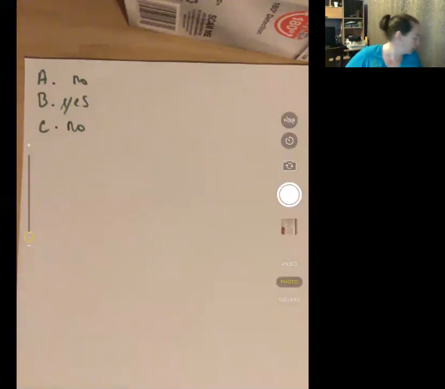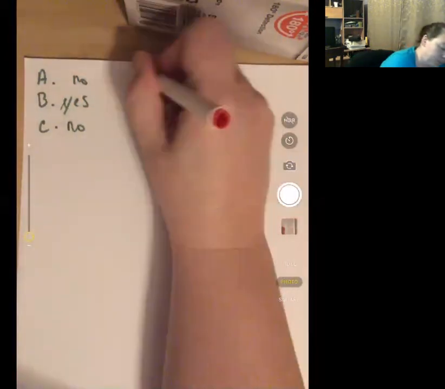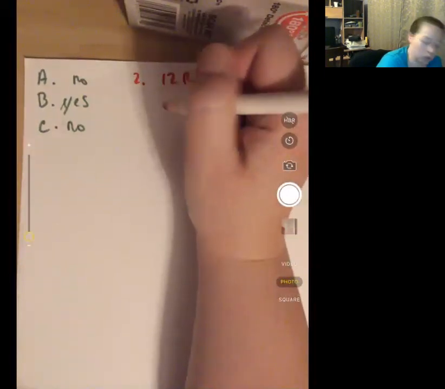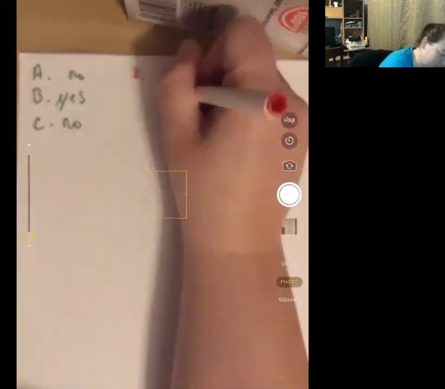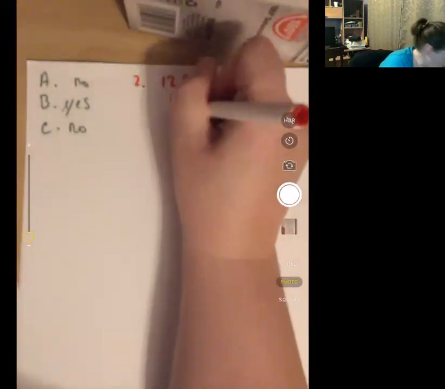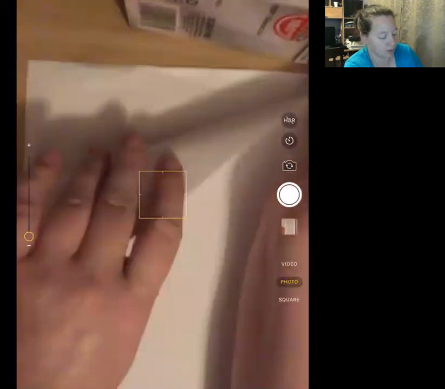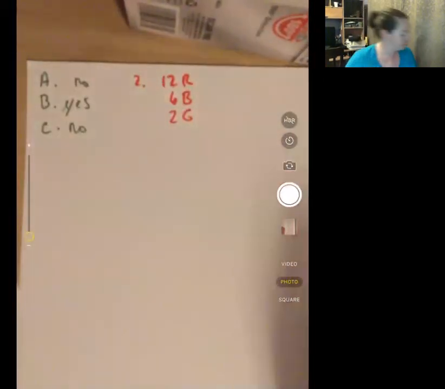Number 2, a bag contains 12 red marbles, 6 blue marbles, and 2 green marbles. Okay, so this is small numbers. This should be easier to deal with.